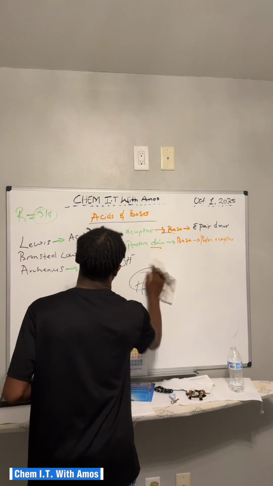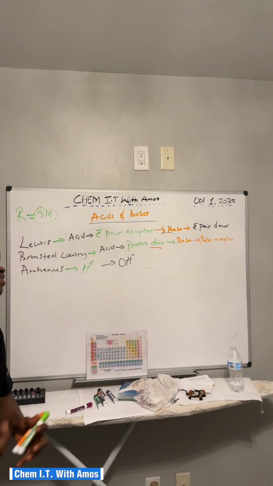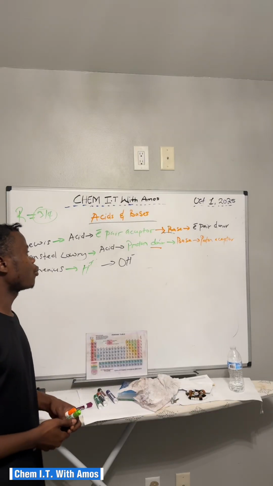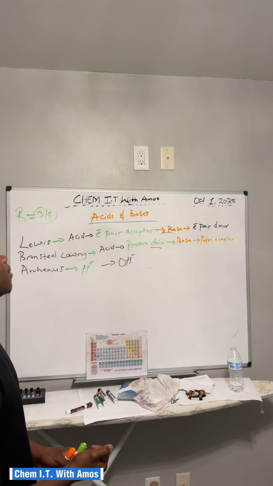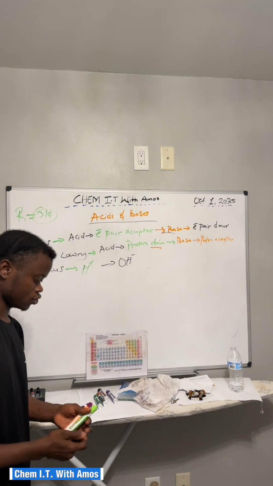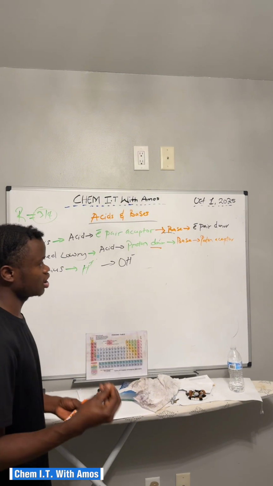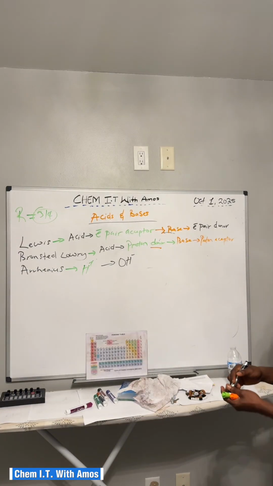All right. So now that we have learned the definition of acid and bases based on those three individuals, let us get something clear, because we have some keywords here that I think you have not clearly understood.